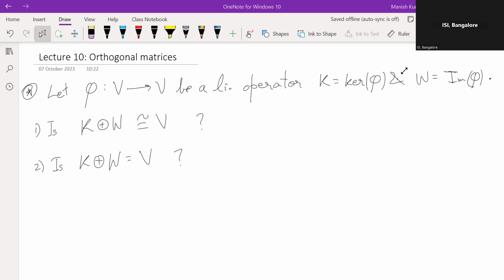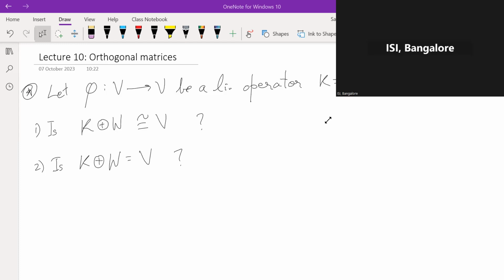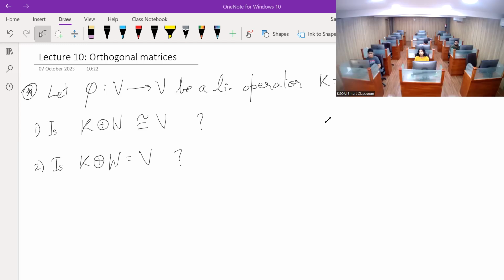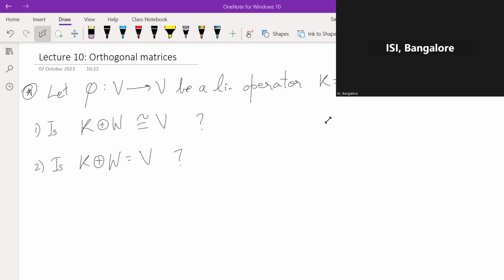What does the first isomorphism theorem tell us? V mod kernel is isomorphic to image. So in this context, it tells us that V mod K is isomorphic to W, right?